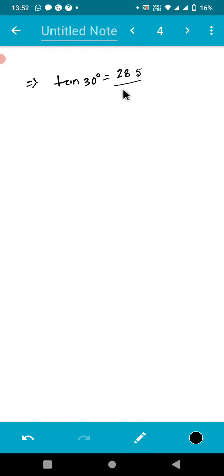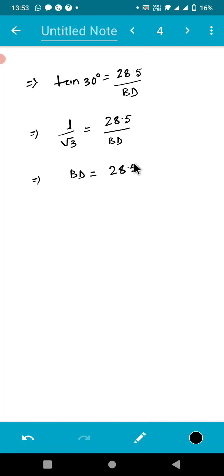So we'll write BD here. Now in the next step, tan 30 degree equals to 1 by root 3. That is equals to 28.5 by BD. After cross multiplication, we'll get the value of BD as 28.5 root 3. Okay, so this is the value of BD, students.